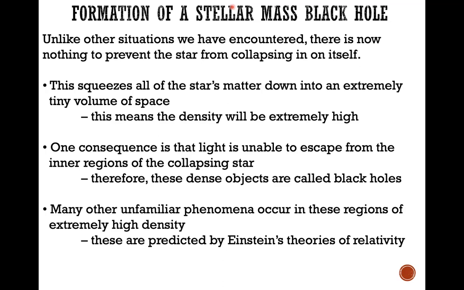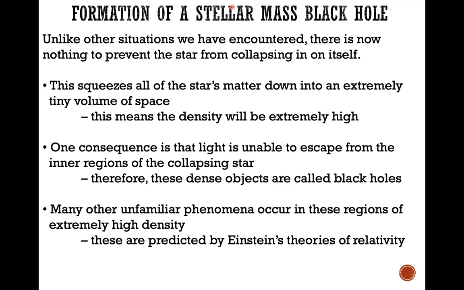But when the mass is even higher, even the neutron degenerate pressure cannot stop this gravitational collapse, right? So which means now you know that after the neutron, there is nothing that can stop this gravitational collapse inside the star, right? Because of that, this will squeeze all the star matter down to an extremely tiny volume of space, right?